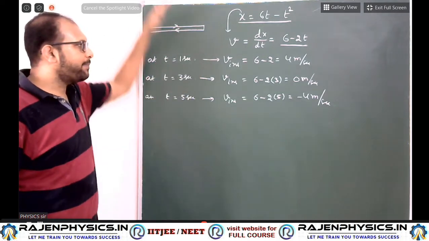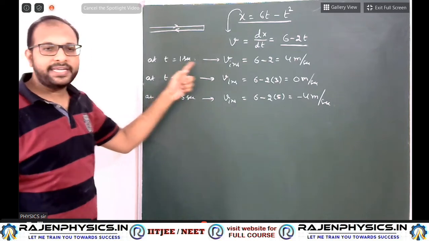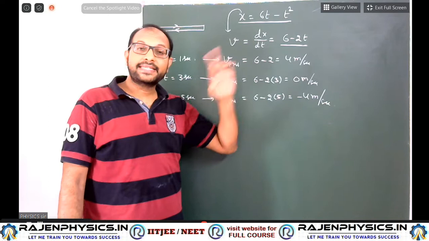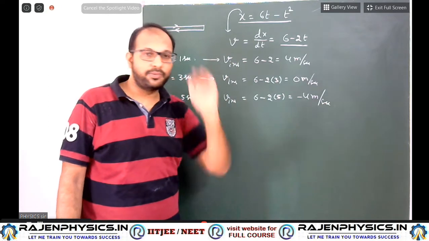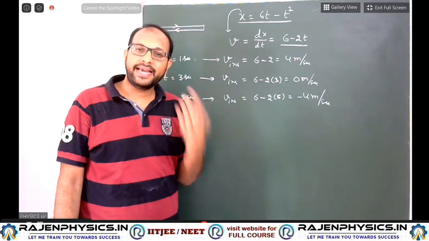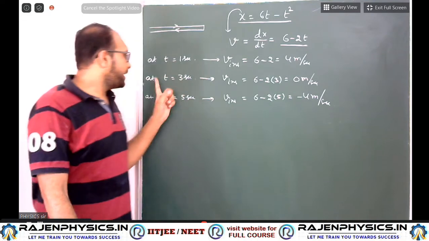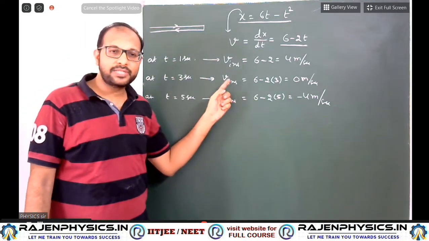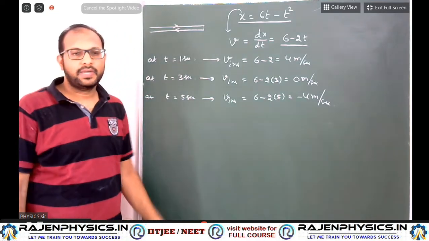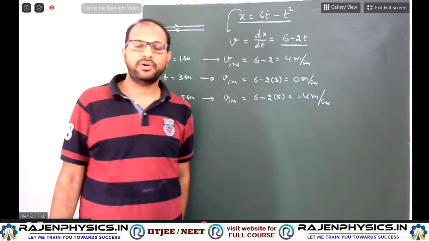Right, okay, now instantaneous velocity is completed. Suppose at t equal to 1 second, what is the instantaneous speed? Same, 4 only. Instantaneous speed and velocity are both the same, except for the sign. Velocity provides direction, speed has no direction, only magnitude. At t equal to 3 seconds, what is the instantaneous velocity? 0. Speed also 0. At t equal to 5 seconds, instantaneous velocity is minus 4.